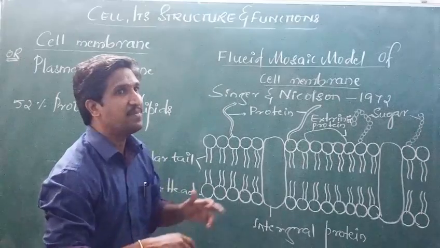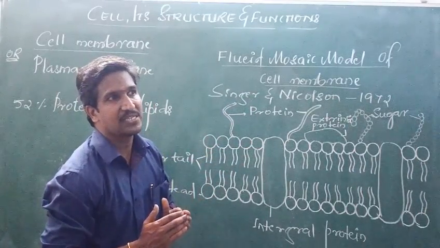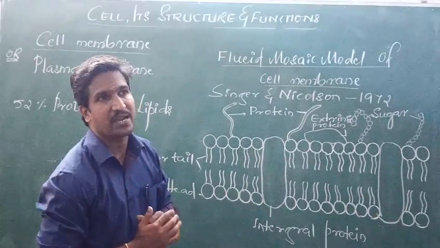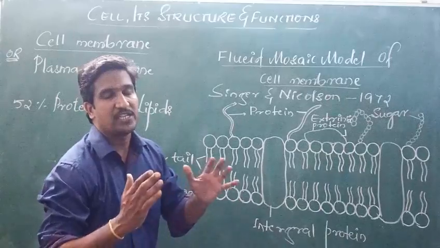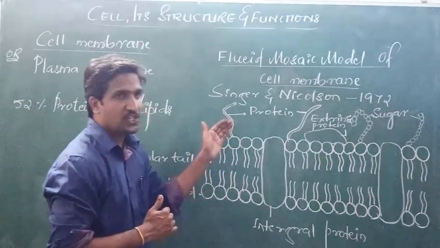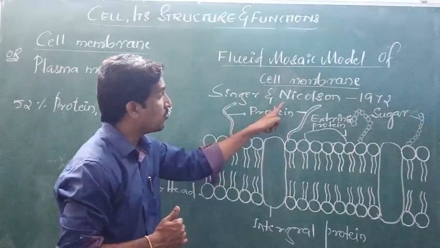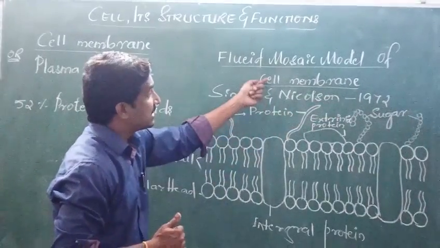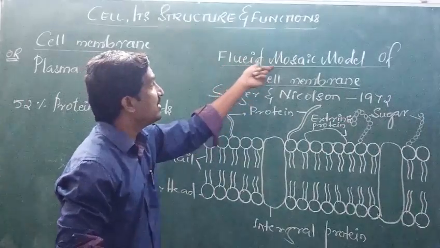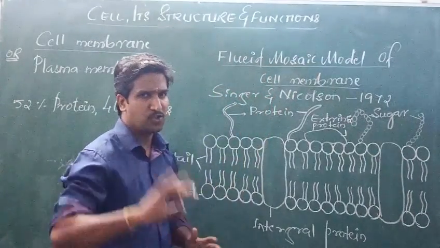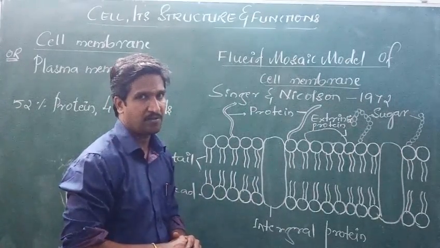Through that they came to the conclusion that the plasma membrane consists of a double membrane, or a double membrane bound cell. So it consists of such a structure. According to Singer and Nicholson in the year 1972, they termed the cell membrane the fluid mosaic model. Most important question for 5 marks for your final examination, right?